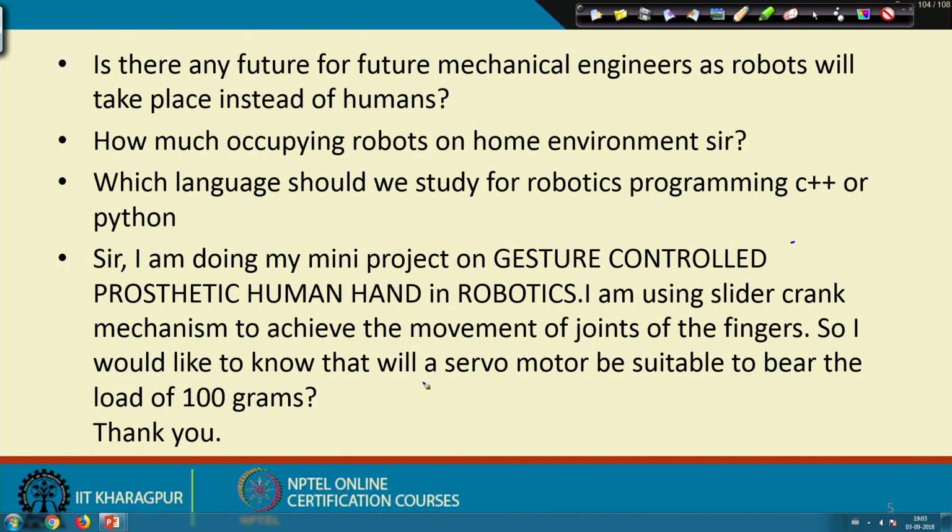The answer is yes. This servo motor will be able to handle a small load like 100 grams. Once again, I encourage you, because you have started working on this problem in robotics. I hope you will make a good success of it.